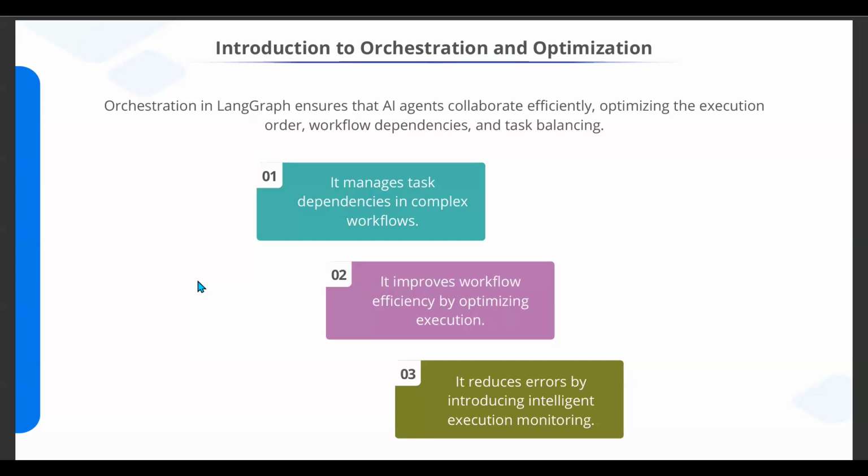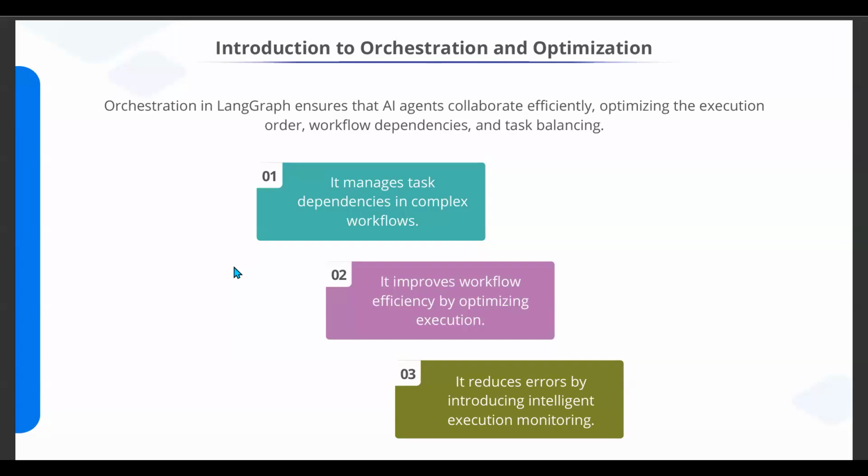If you think of a music orchestra, violin, piano, drums, flute, all instruments must play at the right time and in the right order so that you get good music. And the conductor controls this. LangGraph is the conductor here. LangGraph decides which agent runs first, which task depends on another, and how results flow between the agents.